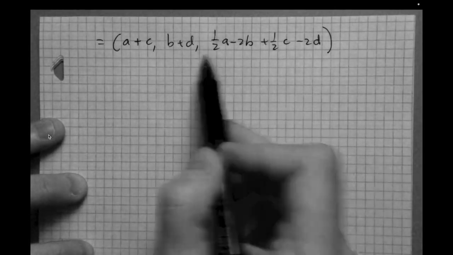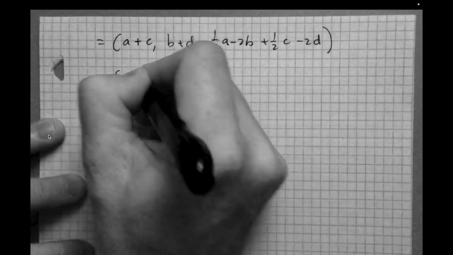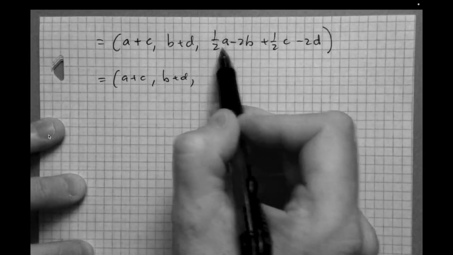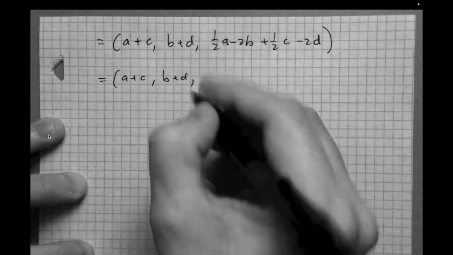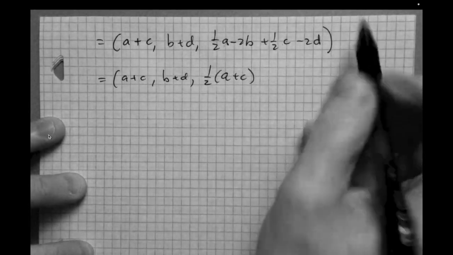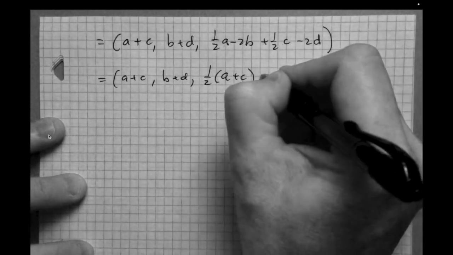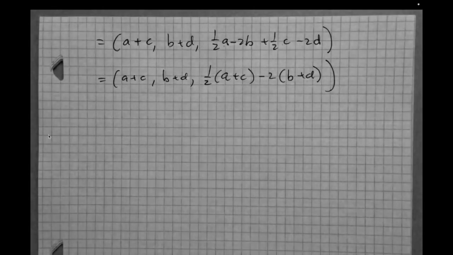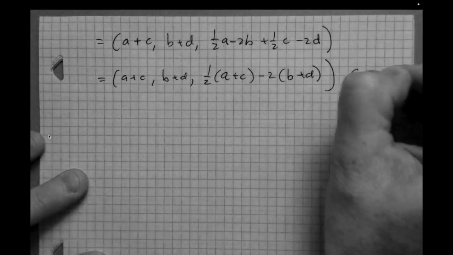Okay, and then we can group this. We've got A plus C, B plus D, and then let's group the A and C together here, and we can factor out the 1/2, right? And then group the B and D together, and we can factor out a -2. And there we have it, right? Does that look right? This is in W, isn't it?